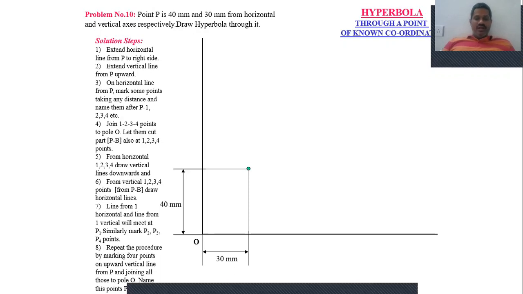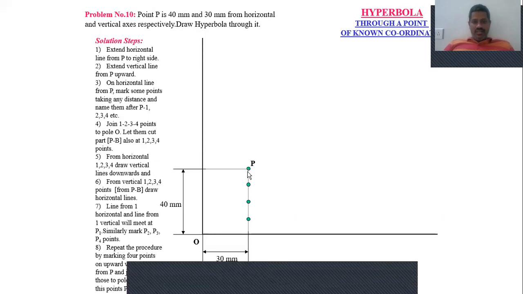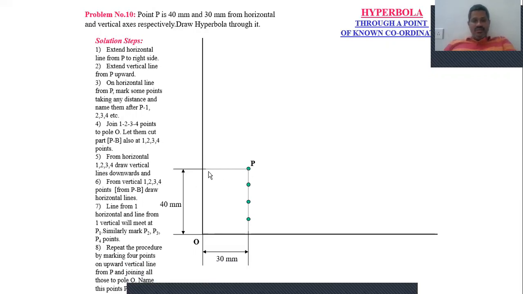Now divide this vertical line into 4 equal divisions or 5 equal divisions, any convenient number of equal divisions. Here the height is 40, and I have divided this into 4 equal divisions. Then similarly you divide this horizontal length, that is 30, into equal divisions.